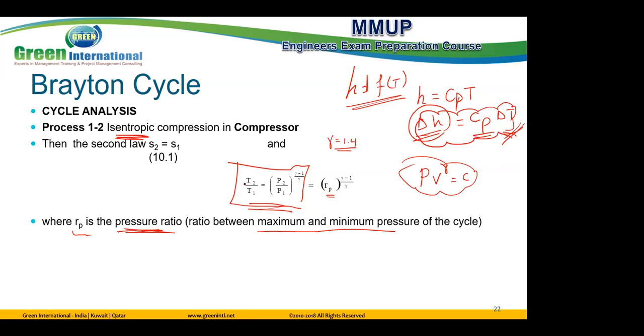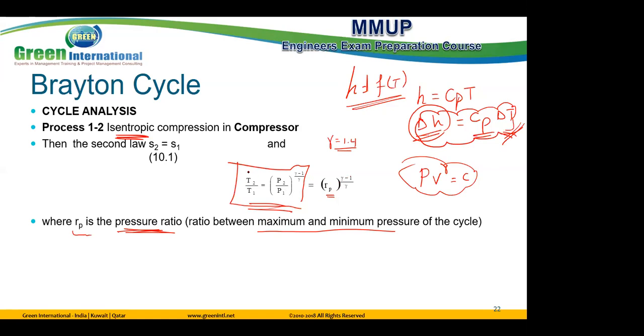So we can write T2 divided by T1 is equal to Rp to the power gamma minus 1 over gamma. In this case, if I give you only T1, you can calculate T2 if you know the pressure ratio, since gamma is a constant.